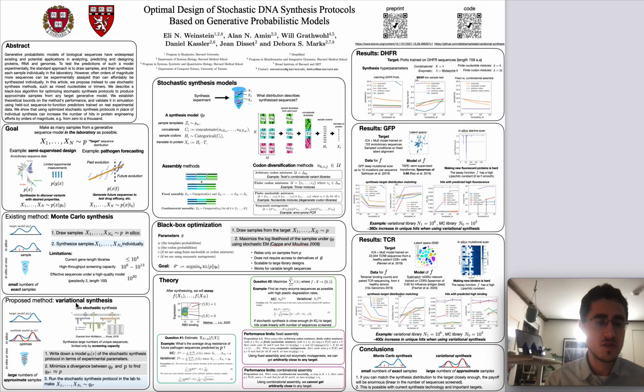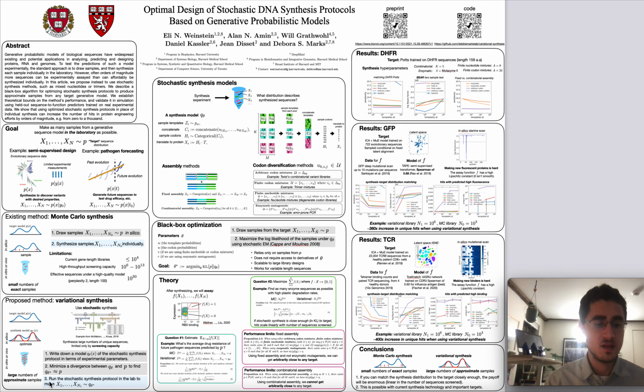Our proposed method, which we call variational synthesis, is to write down a model of the stochastic synthesis protocol in terms of experimental parameters, so a distribution that describes the sequences that they produce, then minimize a divergence between that synthesis model and the target model P, and then finally run the stochastic synthesis protocol with the optimized parameters in the lab, and that gives you a very large number of samples from Q theta.